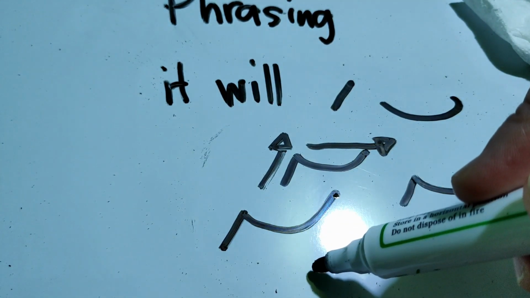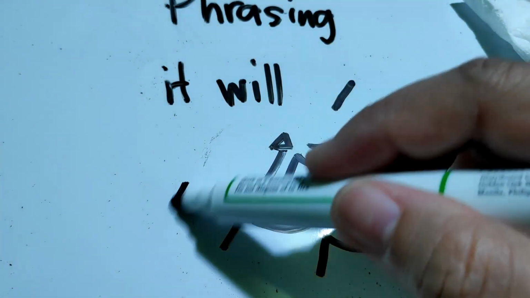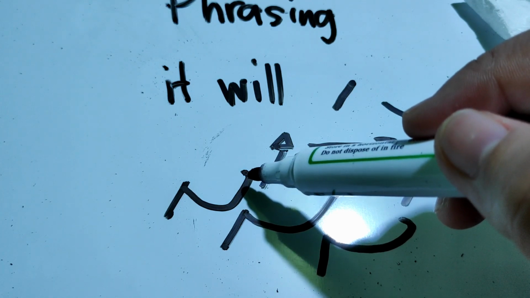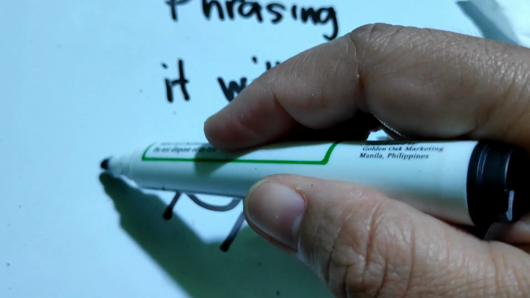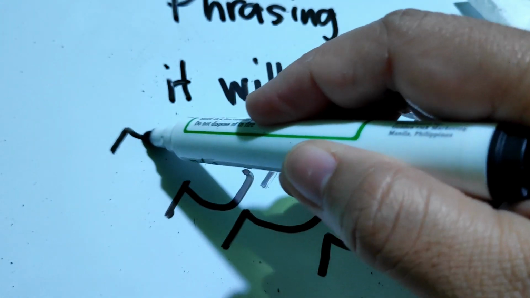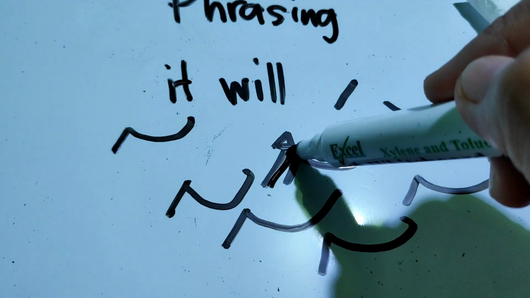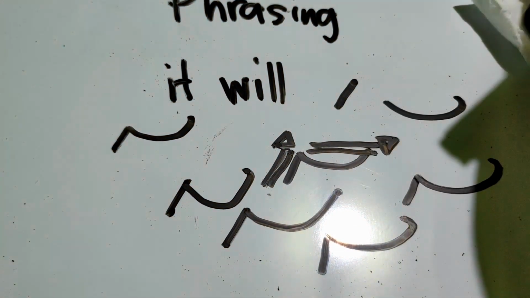Dapat kanang continuous ang imuhang stroking. So if diretso siya, it to will. So padulong sa babaw dayon to the right. Muna siya ang it will. Okay.